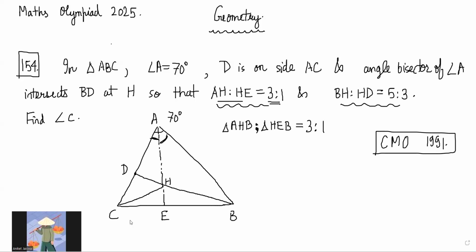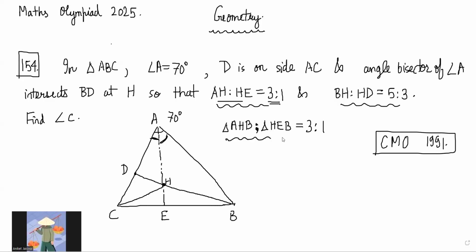Why? Because they have the same base line and same vertex. The perpendicular is the same, but the base is different. Actually the base is AH and HE, and this point is the same for both. So the perpendicular distance is going to be the same for both triangles.